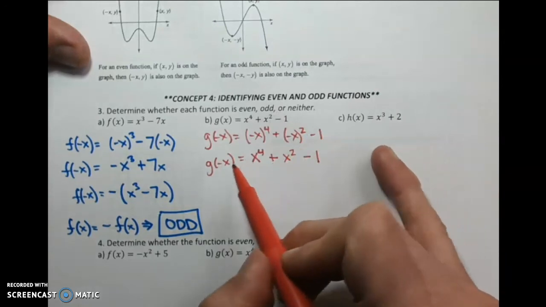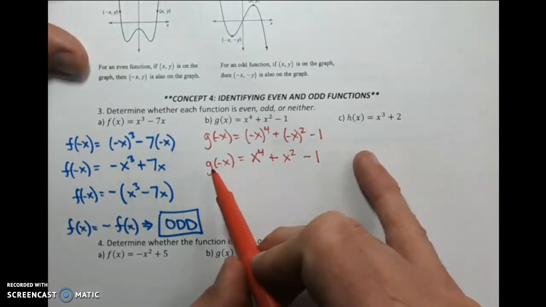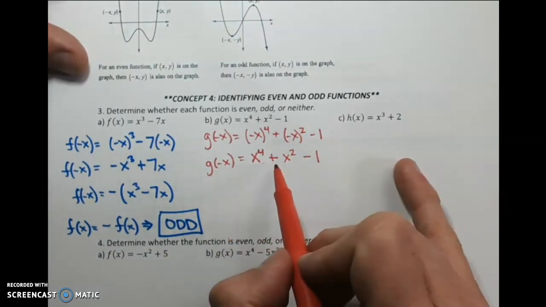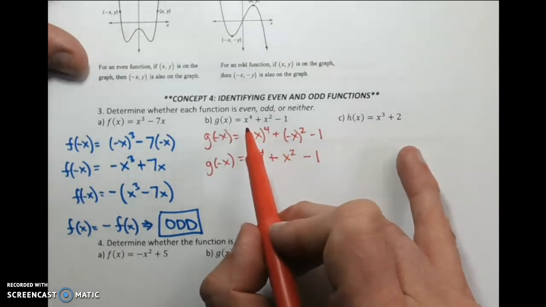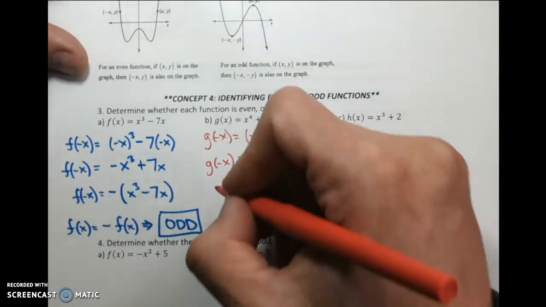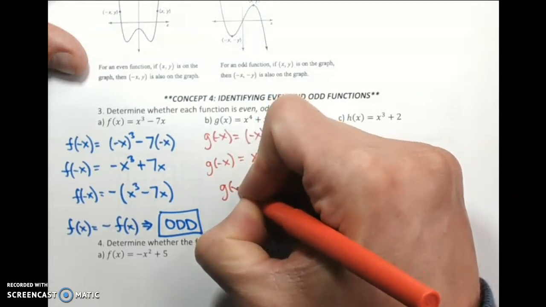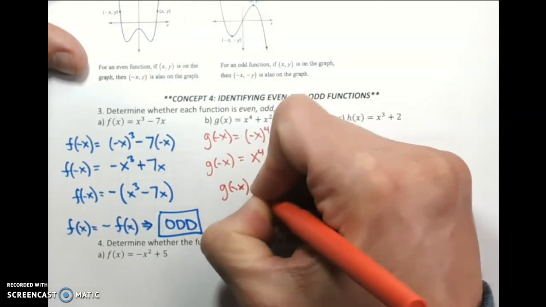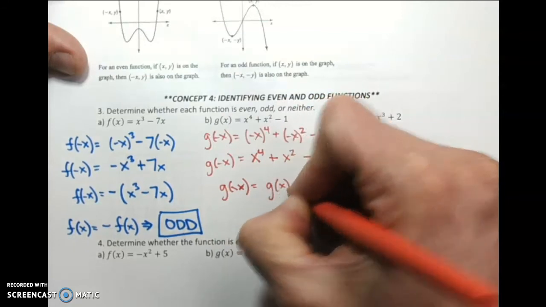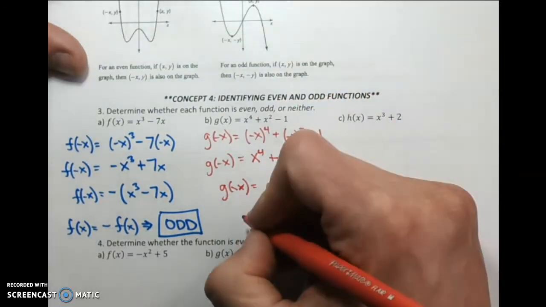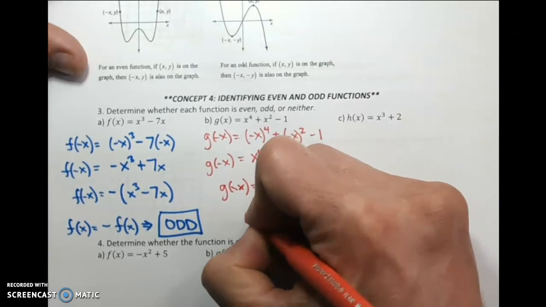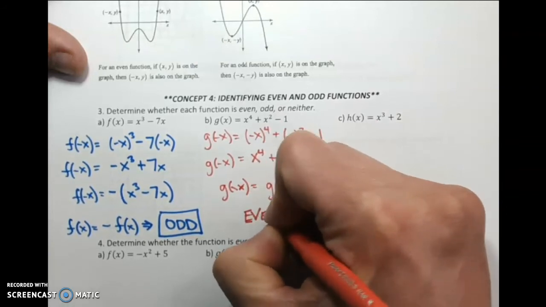So, look, nothing really happened. I have x to the 4th power plus x squared minus 1, and that's what I initially had. So f of the opposite of x equals f of x. But what's happening? Nothing. Therefore, it's an even function.